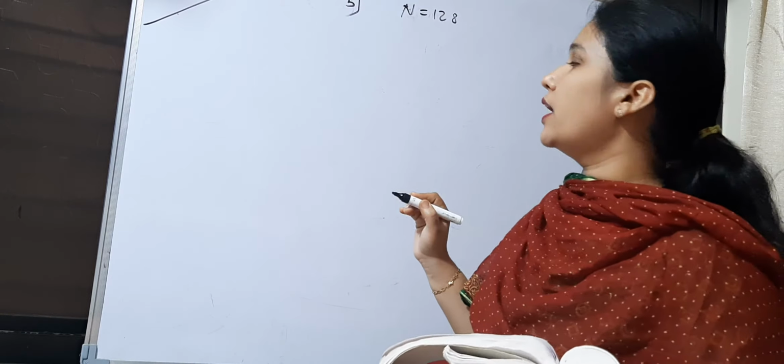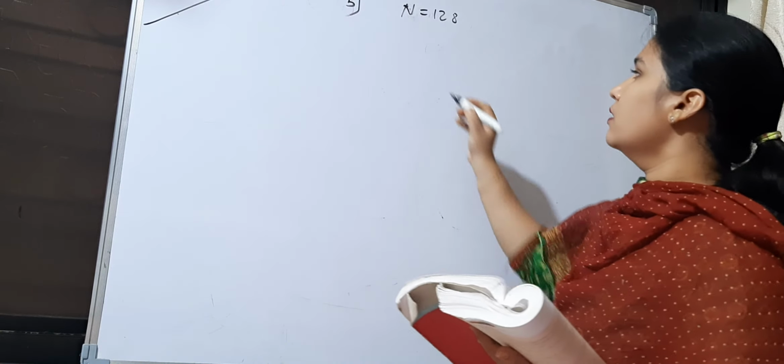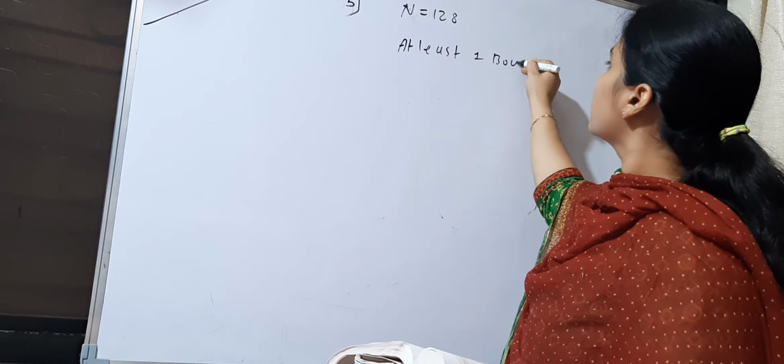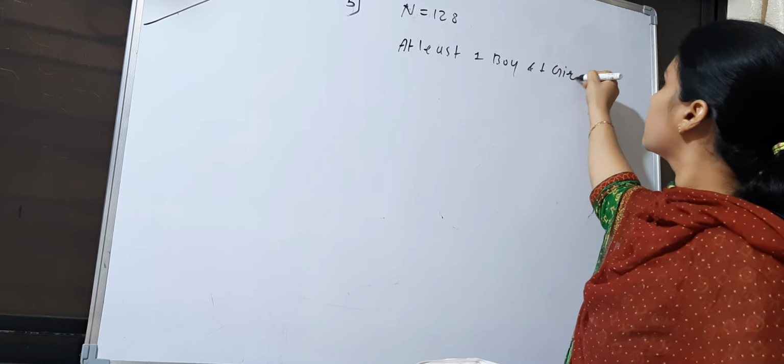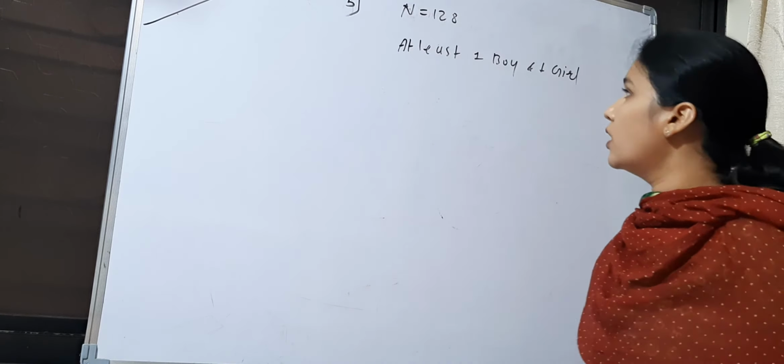Out of 128 families, meaning the total is 128, with 4 children each, how many are expected to have at least 1 boy and 1 girl? At least 1 boy and 1 girl means they want at least a boy and a girl. So out of 4, the total sample is 4.